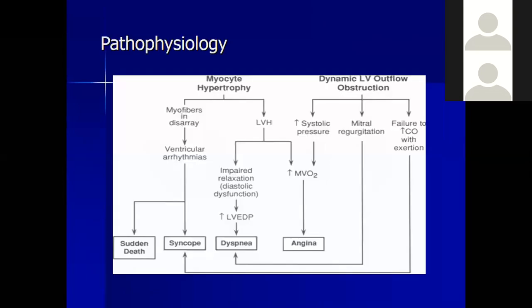There are different variants of this cardiomyopathy. As I told you, for your level, it's not very important to know everything. When you come in final year, you will know the different things, the different symptoms for this. So when you have myocyte hypertrophy, this can be LVH, left ventricular hypertrophy, causing impaired relaxation. So diastolic dysfunction can have increased filling pressure.